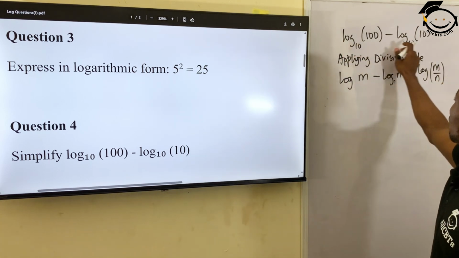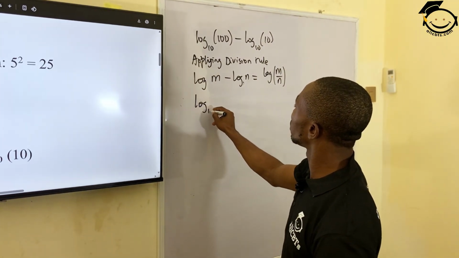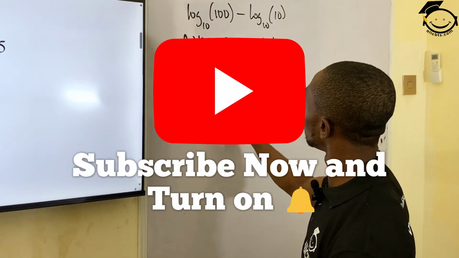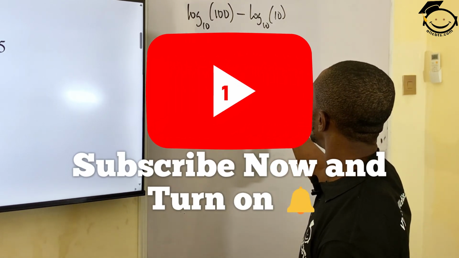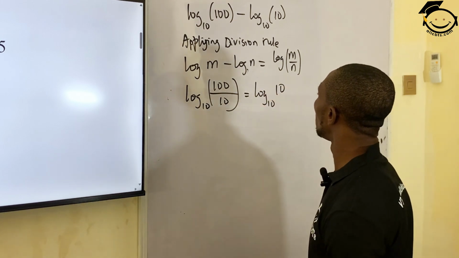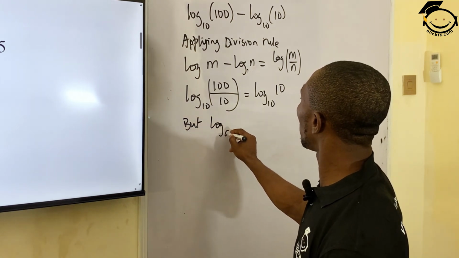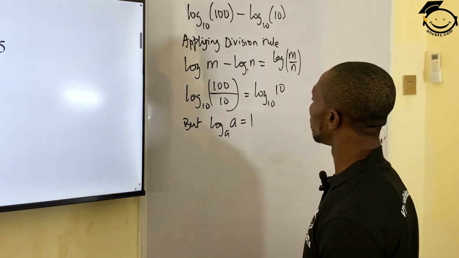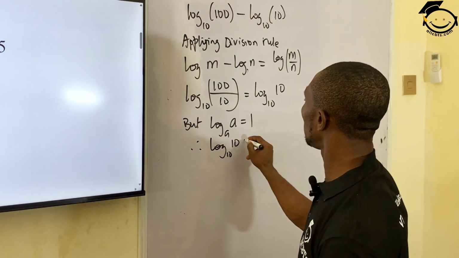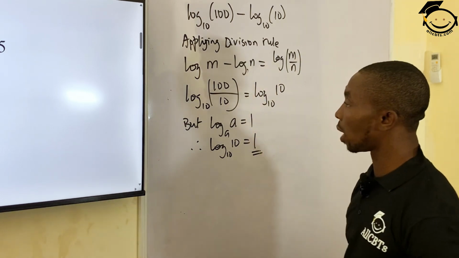Now, since our two logs are of the same base, we have log₁₀ of 100 over 10. 100 divided by 10 will give us 10. And we know that log a to base a equals 1. So therefore, log₁₀10 equals 1. So our answer will be 1.